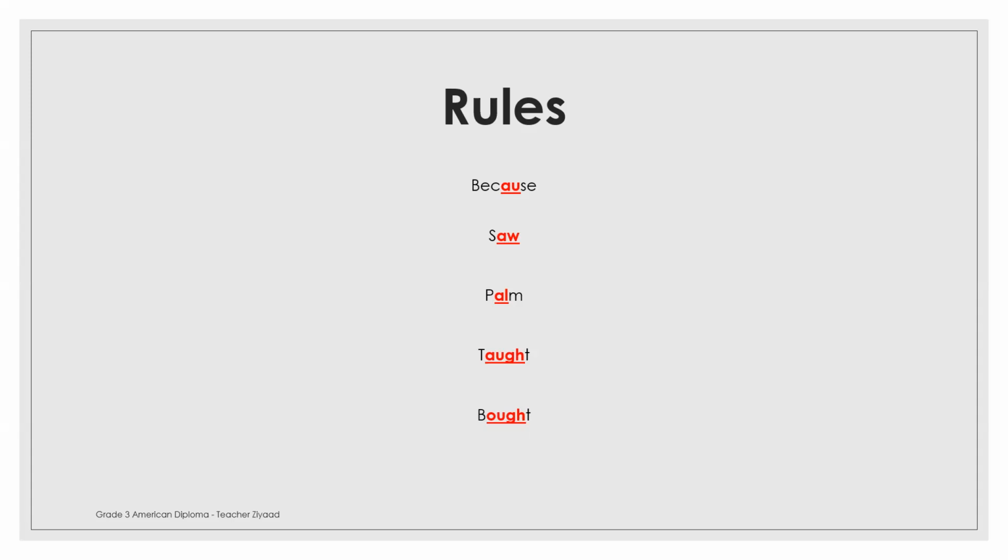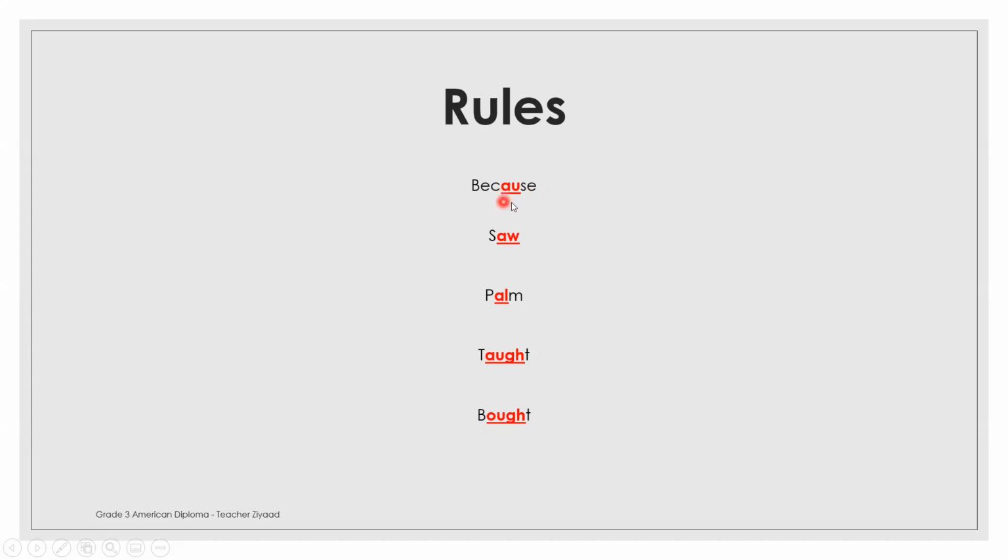So one of the very first O sounds or the vowel patterns that we had, which was AU, we have in the word because, many other words as well. I just use this one as an example. So the word because has the AU, and notice that it has O. Now, the vowel pattern combination AU can come at the beginning of a word, or it can come in the middle of the word, but never at the end of the word.